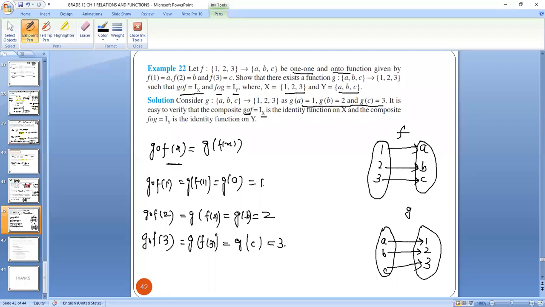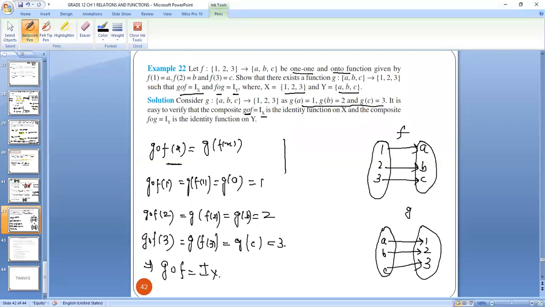So g of f of 1 is 1, g of f of 2 is 2, g of f of 3 is 3, and 1, 2, 3 means the identity mapping X, which implies g of f is equal to I of X.